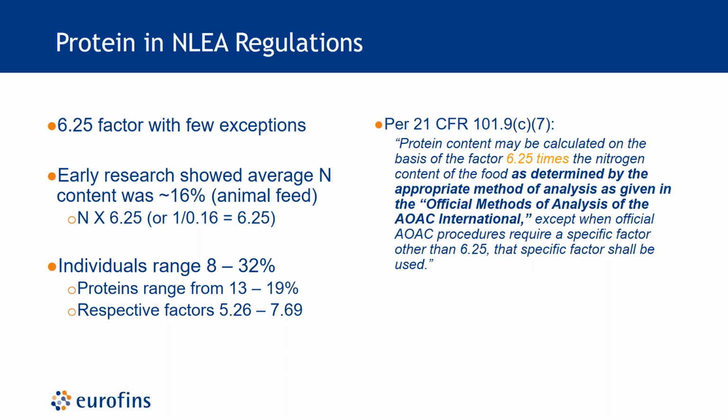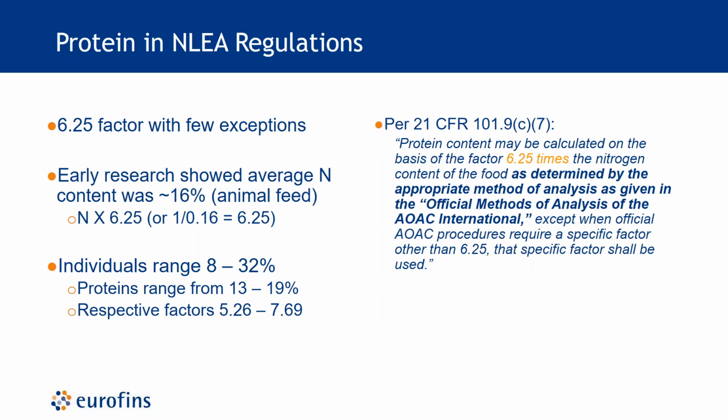The second thing that really makes 6.25 illogical is that we also know that not all nitrogen is found in food proteins. Going back to a previous slide when I talked about amino acids being composed of oxygen, carbon, hydrogen, other macronutrients and nutrients are composed of those as well.